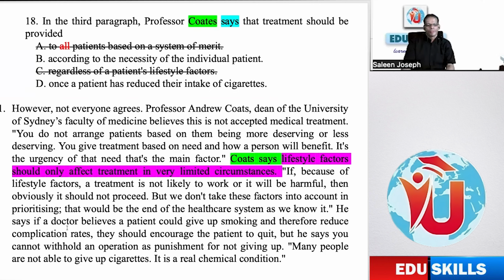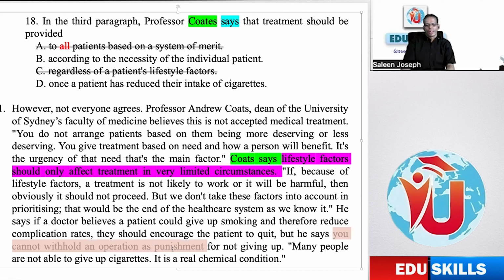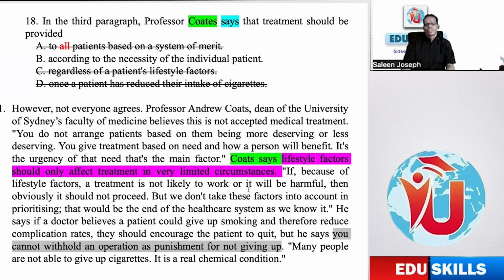Do you have the reference here? He says many people are not able to give up, and you cannot withhold an operation as punishment for not giving up. What does it mean? You cannot limit the treatment because he has not stopped smoking. So this is eliminated. You have to write down these options and understand in the initial stages.